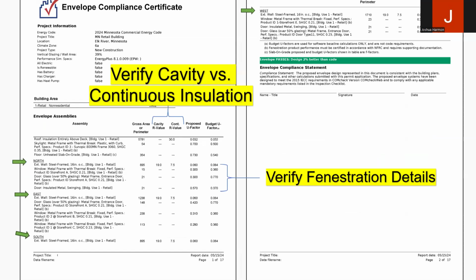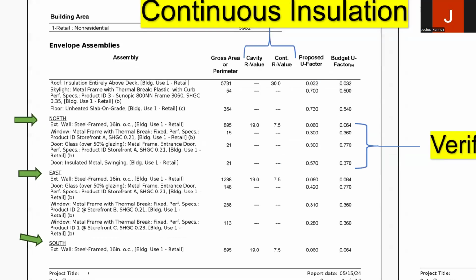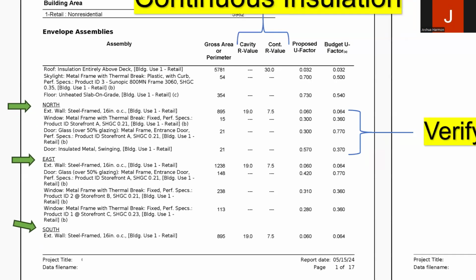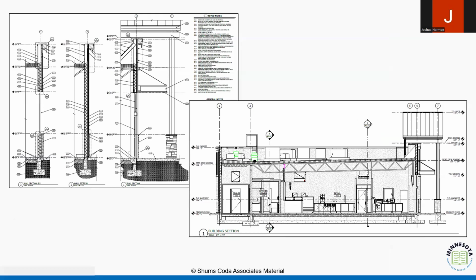By providing this level of trade-off, we can get in and say, hey, I'm going to reduce my roof, but I'm going to improve my envelope, my walls, different situations and things like that. But what I need to do as a plans examiner is make sure that what I'm seeing on that COMCheck is what I'm seeing in the building. So when I go to that wall system, they can have all the flexibility they want.